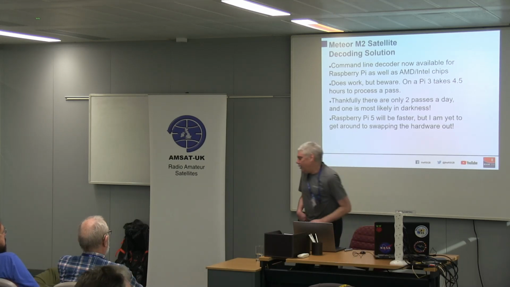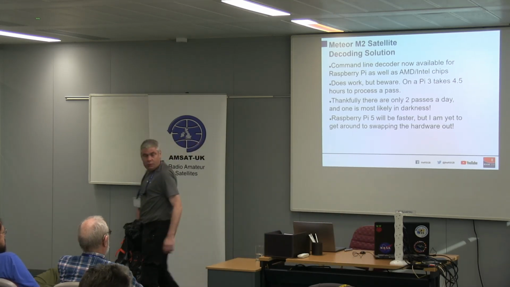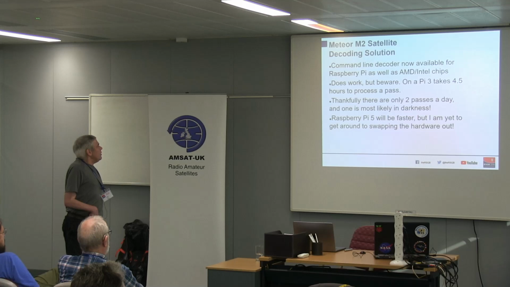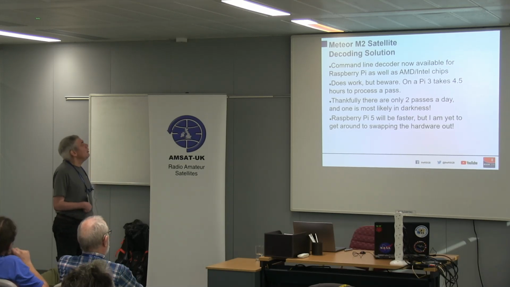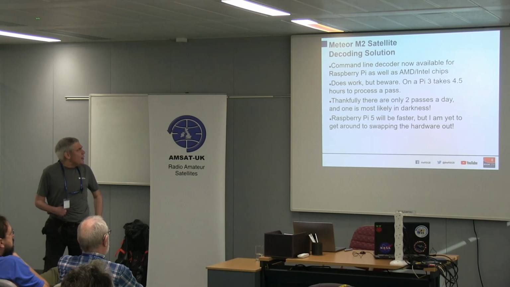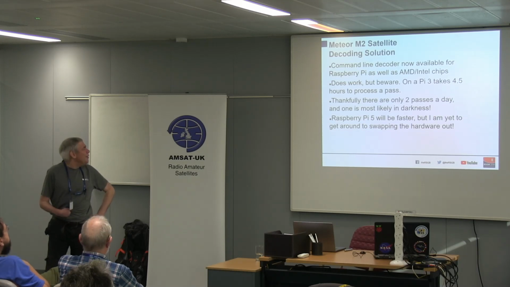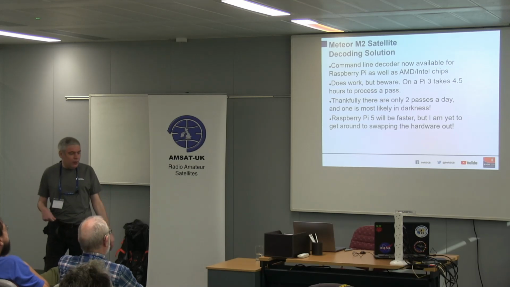But what about the M2 satellites? There is a decoder for the Raspberry Pi and one for the AMD Intel chips. It does work, but it will take hours to process the pass. Thankfully, there's only 2 passes a day, one of those is at night.